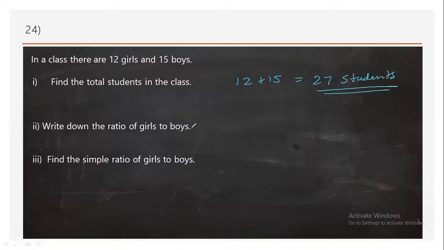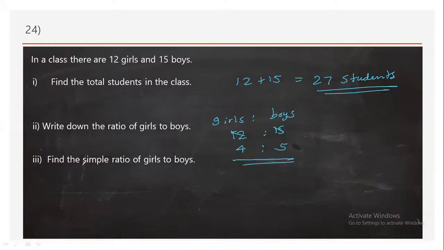Write down the ratio of girls to boys. Girls here 12, boys here 15. Then how many we can simplify? We can't keep the ratio like this. We have to simplify. How many threes are here? 4. How many threes are here? 5. 4 to 5, girls to boys.